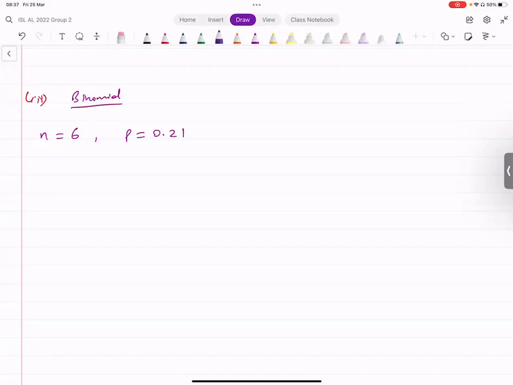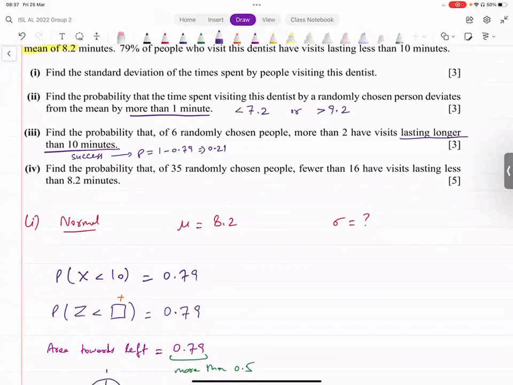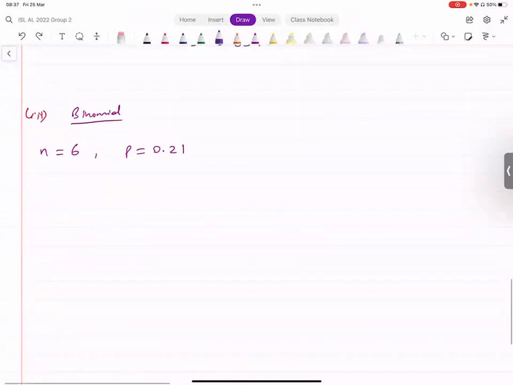ठीक है, अब हमें क्या करना है? We need to find the probability that more than 2 have visits lasting longer than 10 minutes. तो x greater than 2 की probability find करनी है. That's what we do here. Probability. अब यहाँ पे x से हमने क्या represent किया? Number of people who have visits lasting longer than 10 minutes. X यहाँ पे क्या represent कर रहा है?